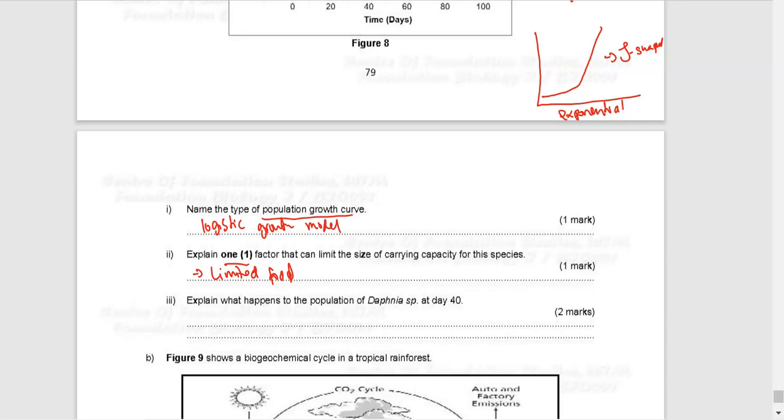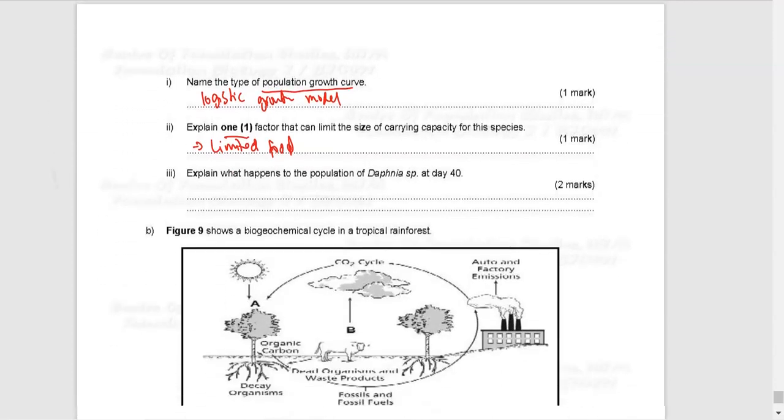Other limiting factors can be lack of space or competition for partners if it involves individuals of the same species, or natural disasters such as flood, tsunami, drought or fire that will destroy the habitat, or unfavorable temperature or infection by certain diseases. Those are examples of limiting factors that will limit the growth of a population.